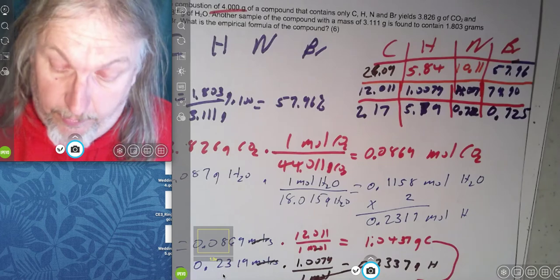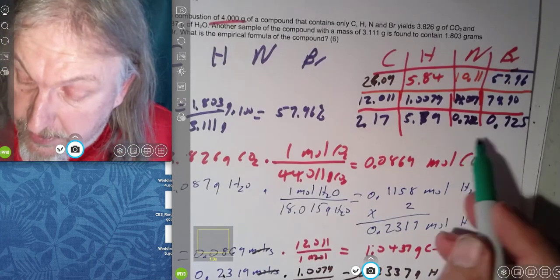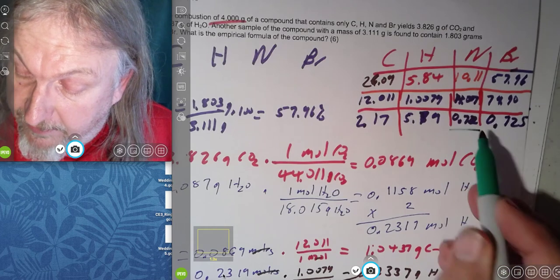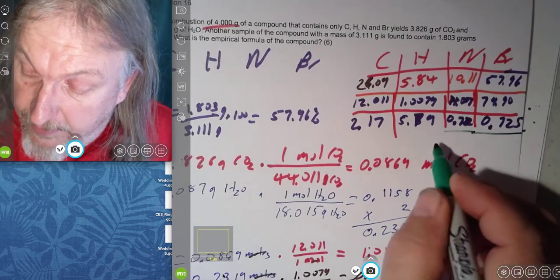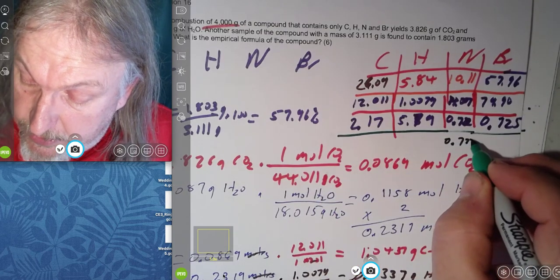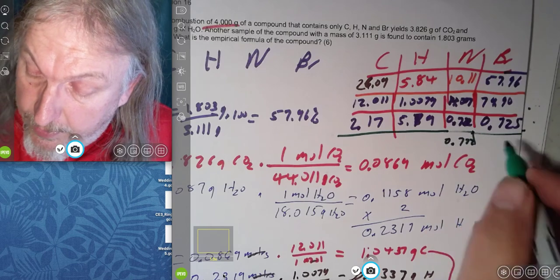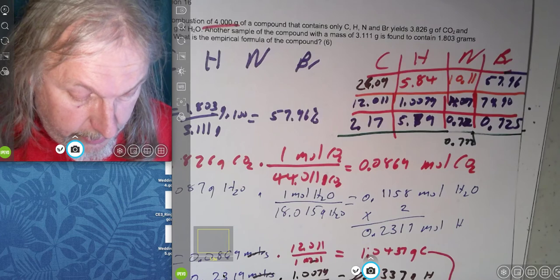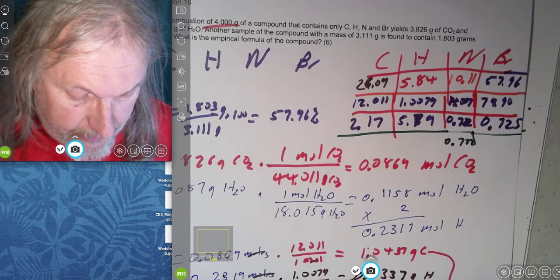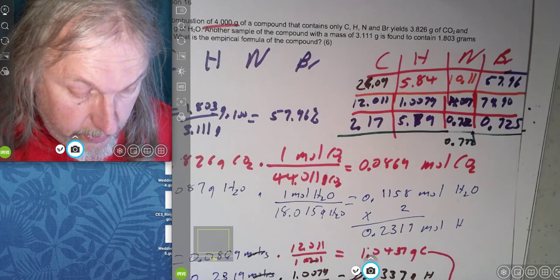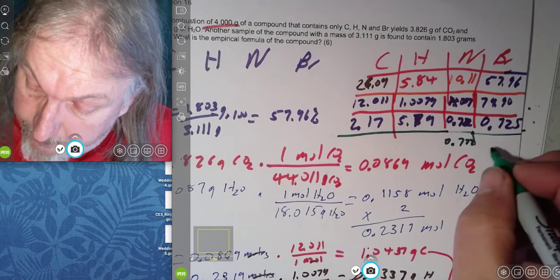So now, what do we have to do? We have to find the smallest number of moles, which is going to be the 0.722, and divide everything by the smallest amount of moles to get a whole number. 0.722 divided by 0.722 is going to give us a 1. And 0.725 divided by 0.722 is going to give us a 1.